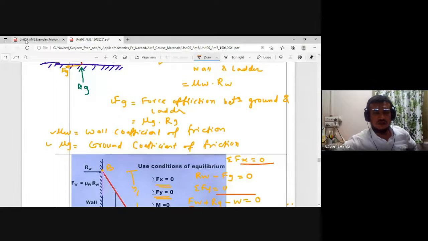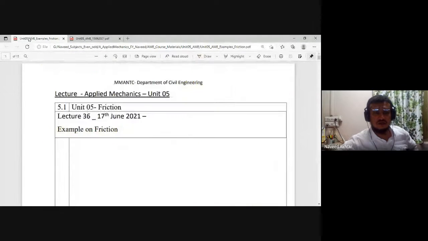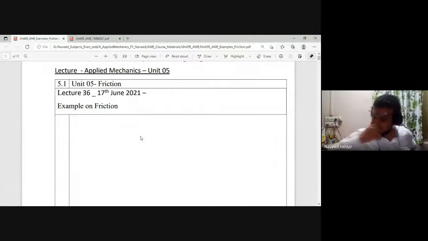Okay. Now today, based on this unit, we will solve some examples on the friction. We will solve some examples on the friction.